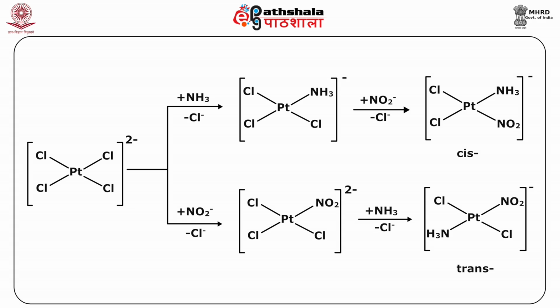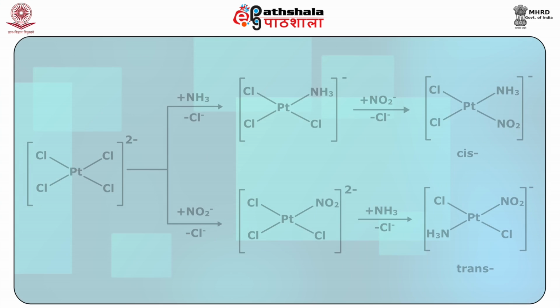So now NO2 minus will polarize the Pt-Cl bond trans to the Pt-NO2 bond, which will be elongated and weakened and ultimately dissociated, and ammonia takes the position. So what is the product now? The product is trans, not cis, as we saw in the previous case where the cis product was favored.